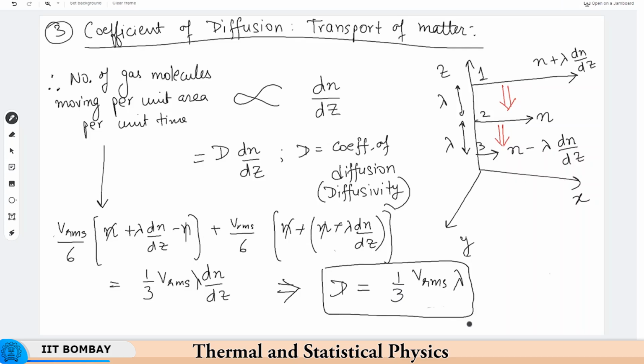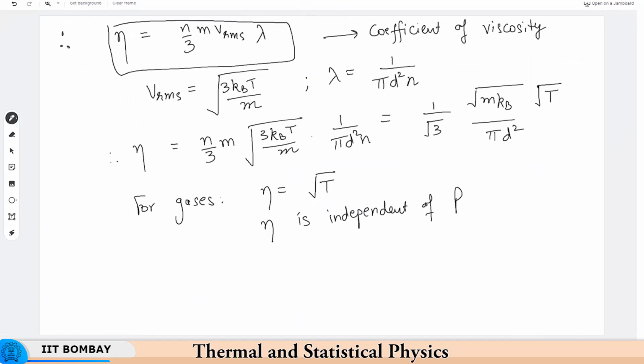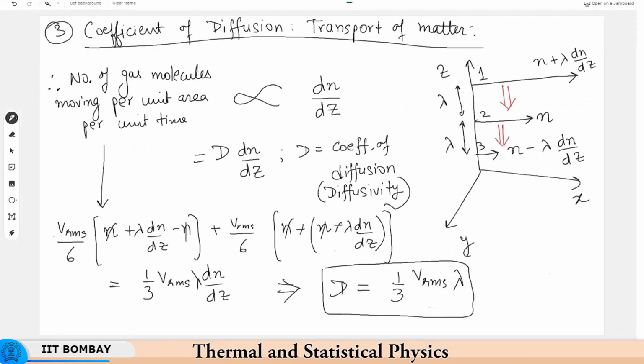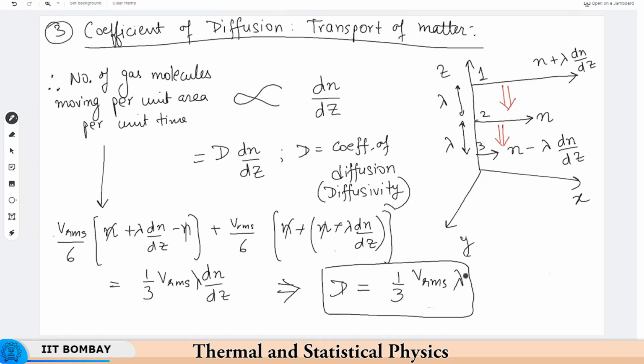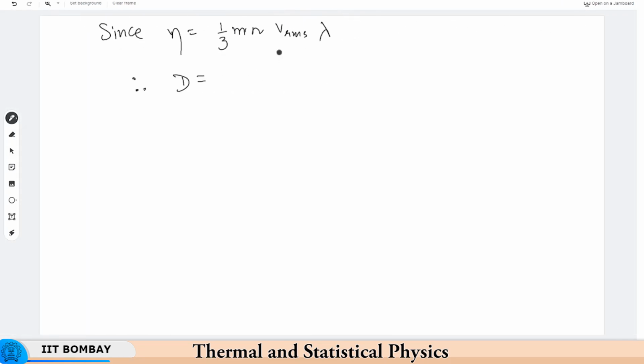All right. But remember, we saw that viscosity eta, the coefficient of viscosity, is 1 by 3 times m times n times V RMS times lambda. So what I will do is substitute for lambda from this expression.